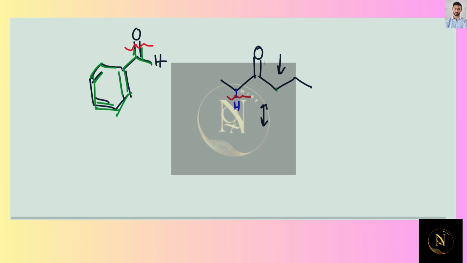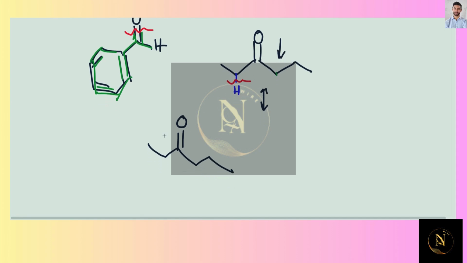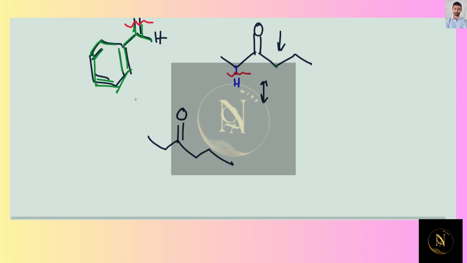What I mean by that is we're going to end up with the following. After following the mechanism all the way through the reaction, the final product will in fact just be this benzaldehyde piece glued to the alpha carbon of the other molecule.